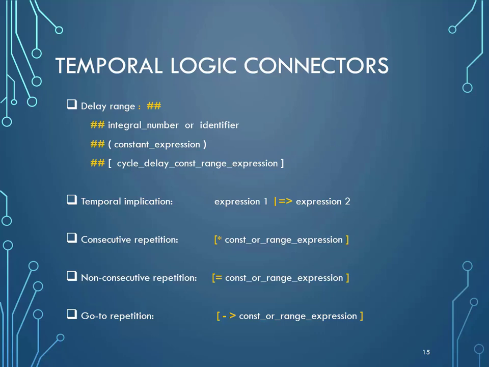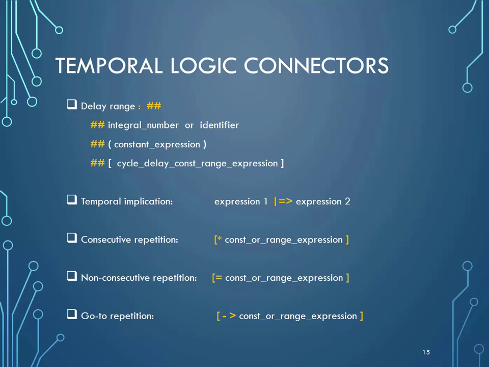Also, there is one useful construct that is called goToRepetition that you can specify a certain number of times of signal to be true X number of times. So at this point, what is the difference between these two? Non-consecutive repetition, you are looking exactly for this number of repetitions and must be non-consecutive.